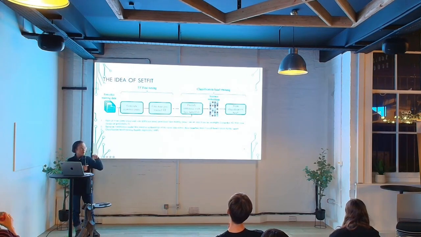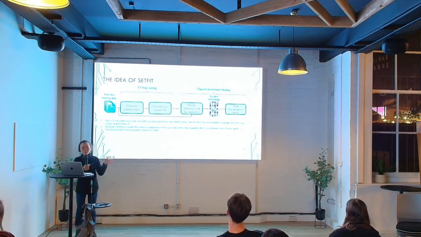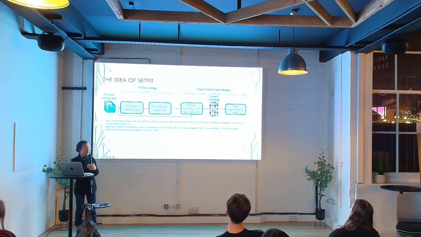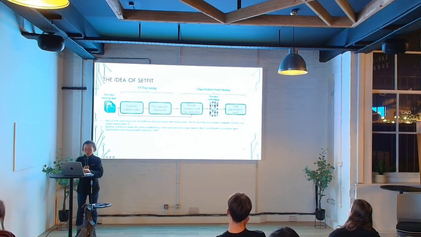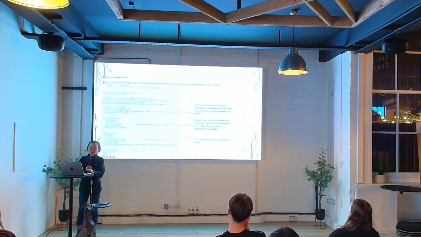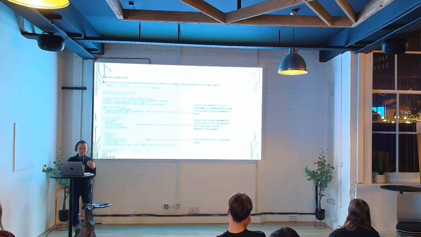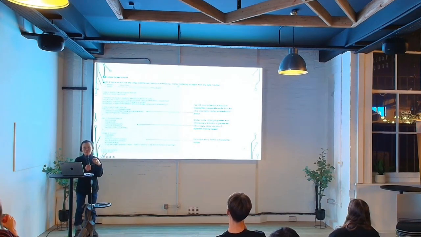And finally, once you have trained the embedding space, you put a classification head on top. It can be something quite simple like a logistic regression classifier from sklearn, and it can actually give you a fairly decent result.